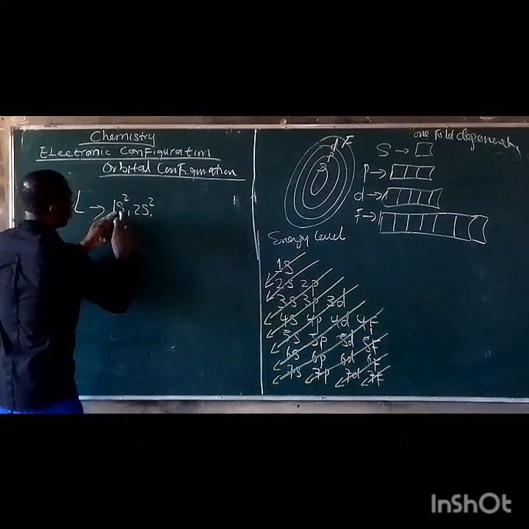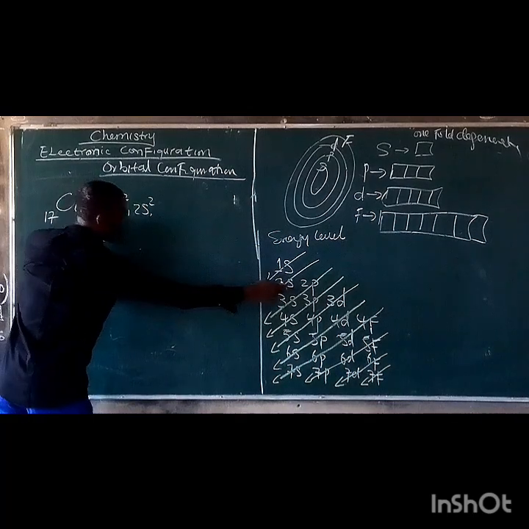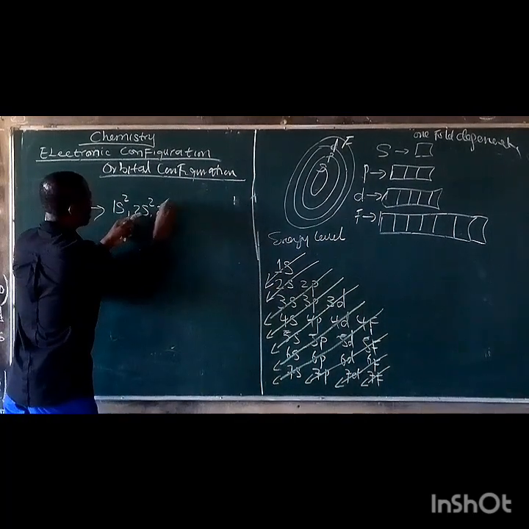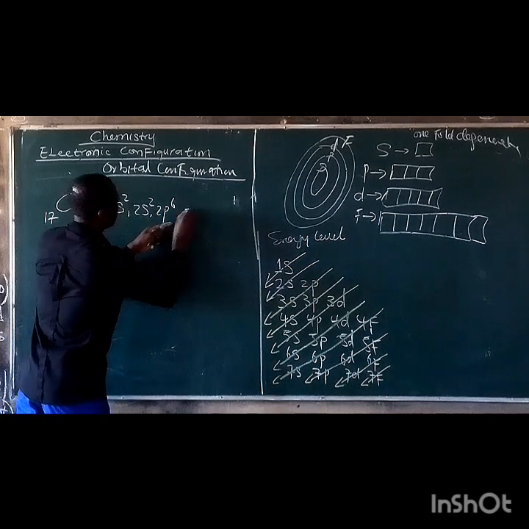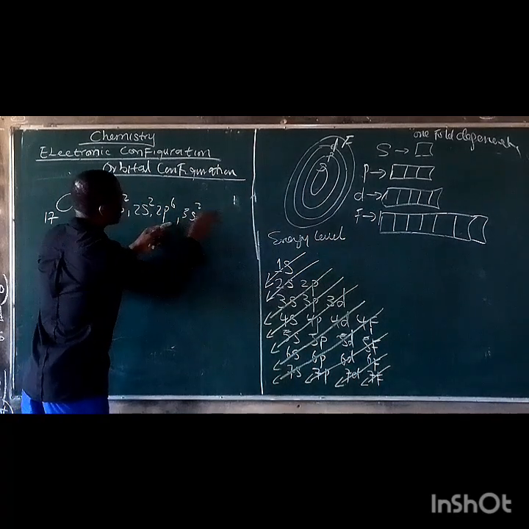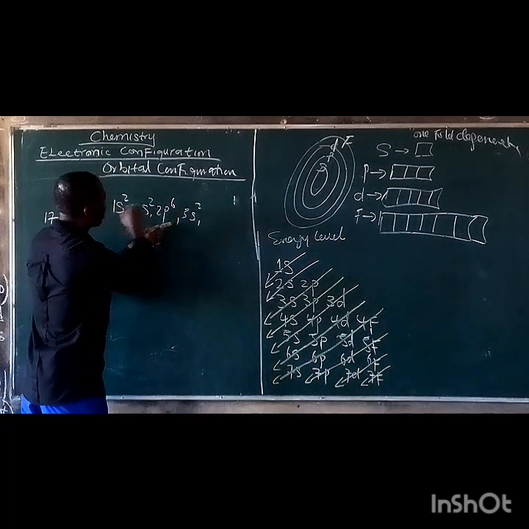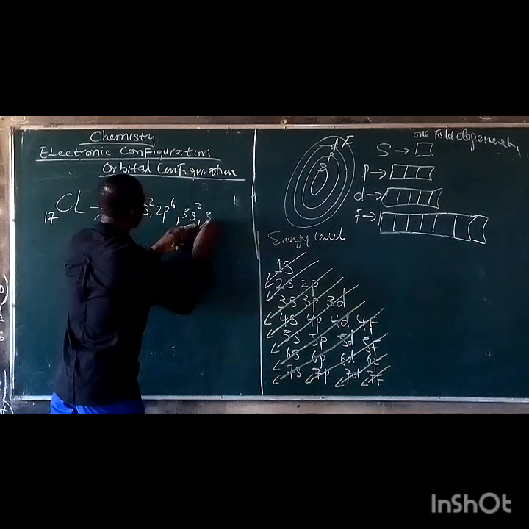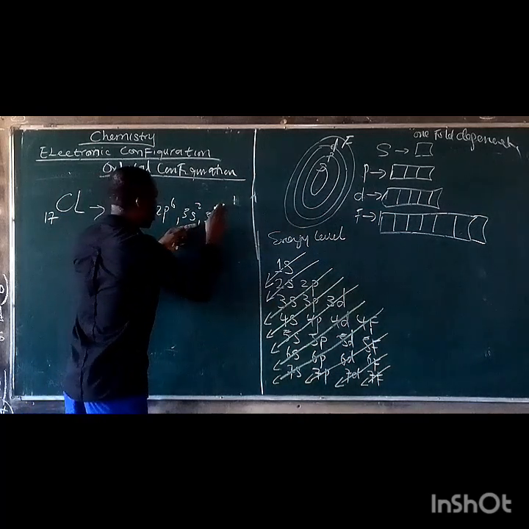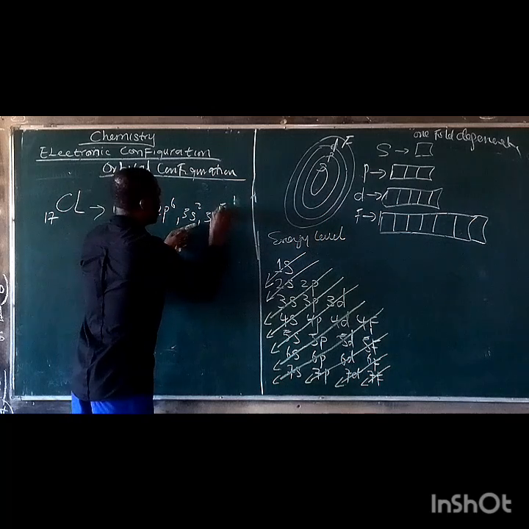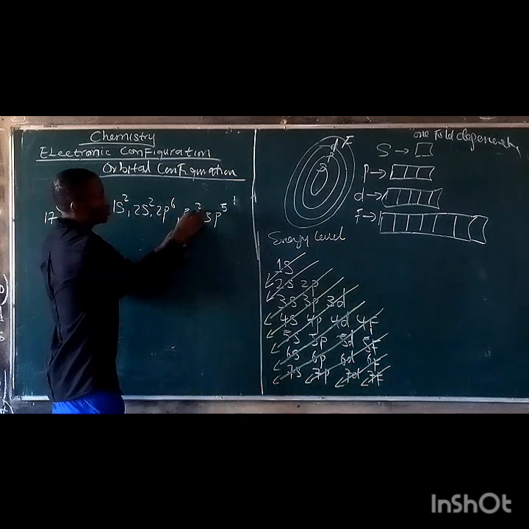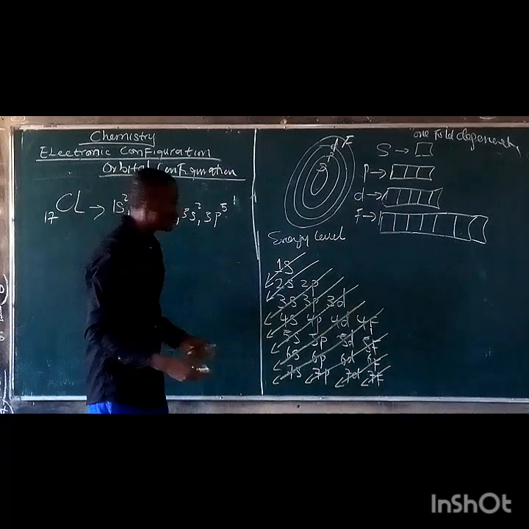Now this is just for 1s2. Then next up 2s2. Next in line 2p6. Next in line 3s2. Is that up to 17? No, this is just 12. Then the next in line is 3p. What will I put here? 3p5, because 6 plus 4 is 10, plus 2 is 12, plus 5 is 17.